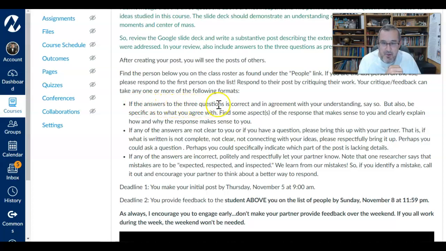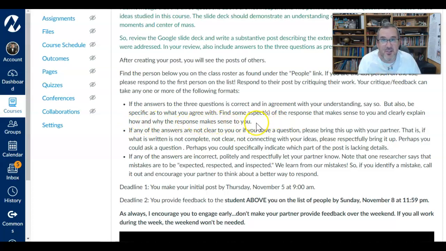If the answer to the 3 questions is correct, like let's say you review the person below you and you're like, yeah, nailed it. Same thing I thought. Great. Okay, but say so, but also be specific. Find some aspect that makes sense to you and clearly explain how and why the response makes sense to you.